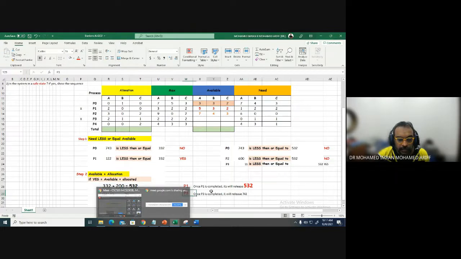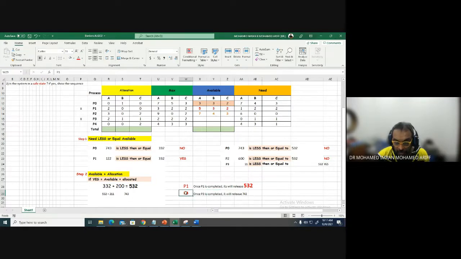The sequence? Okay. So now we have completed process 3. Next, we move on because the available allocation is 743. Okay, 743. So now let's go through again step 1.